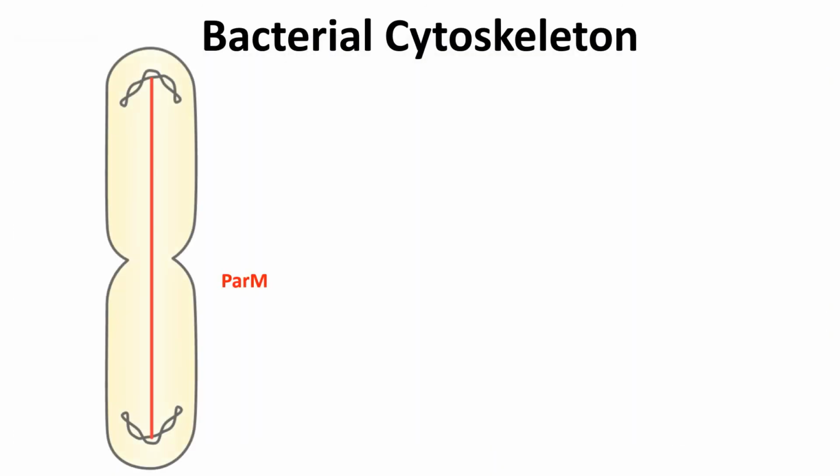And then there are equivalents of cytoskeletons in prokaryotes. So we have this one, the ParM molecule, which aids in the separation of genetic material during cell division in prokaryotes.